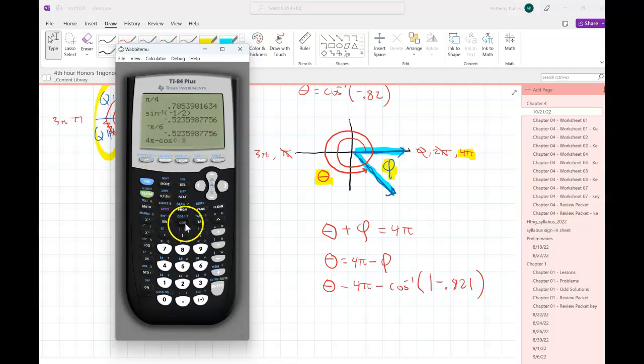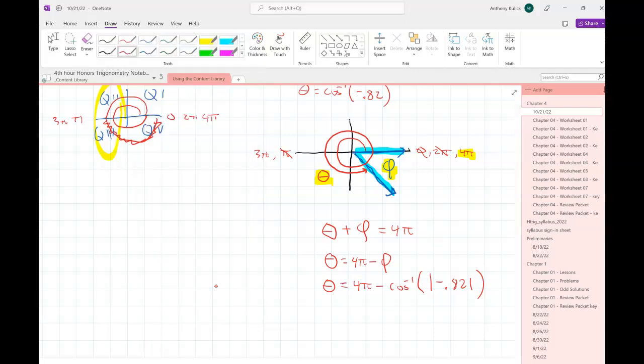Now notice when I type this into the calculator, I'm not going to bother typing in the absolute value sign. I'm just going to get rid of the negative sign myself. Is everybody okay with that? So that's 11.96-ish. Oops, that was supposed to be an equal sign there.